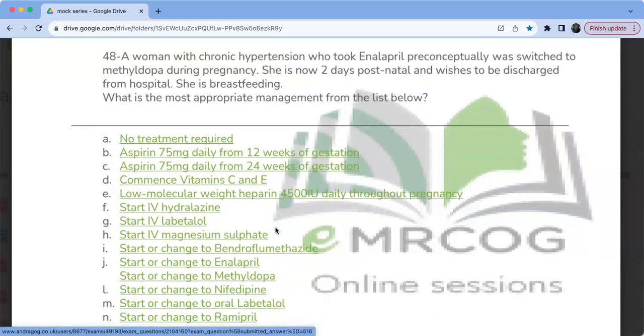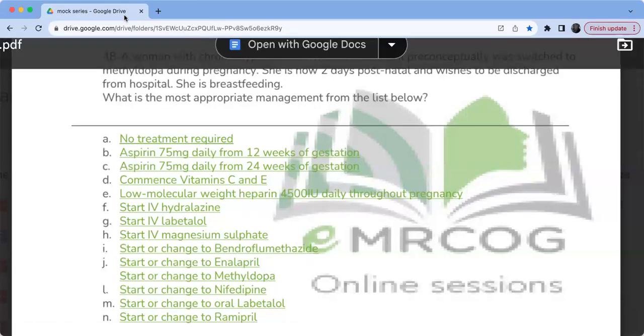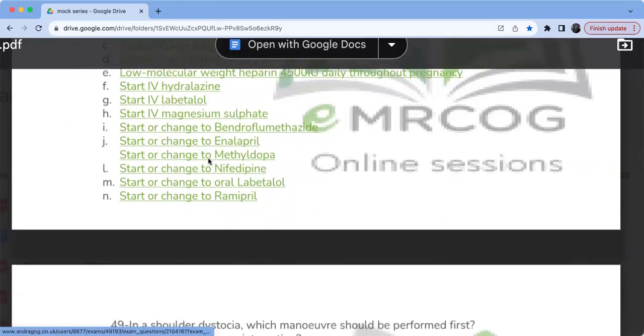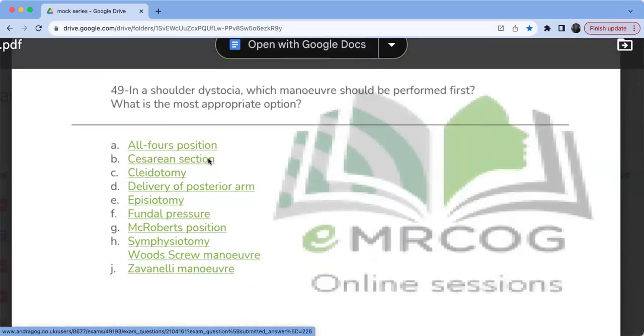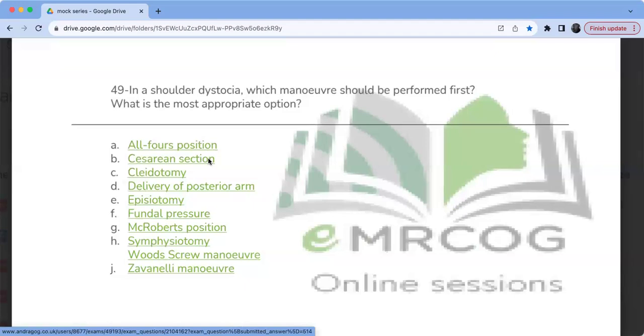A woman with chronic hypertension who took enalapril preconceptionally with a switch to methyldopa, is that the one? Okay. Sorry. The repeated one. Okay, so let's solve another question. In a shoulder dystocia, which maneuver should be performed first?